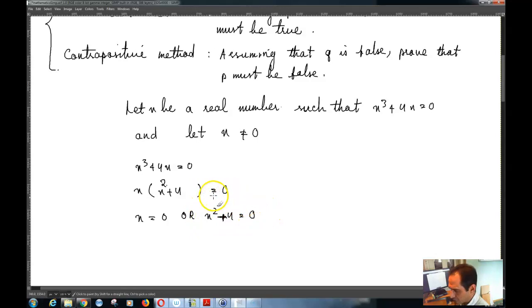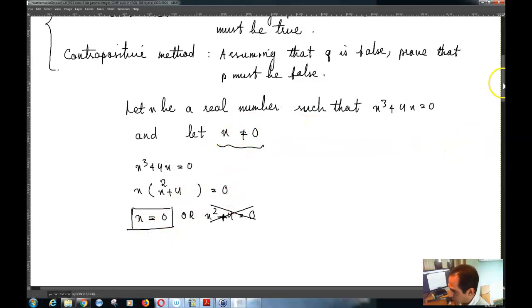Now, since x squared plus 4 gives you unreal roots, that's not what we are looking for. We are looking for a real root, which tells me that x is equal to 0. But here I assumed that x is not equal to 0, which is a contradiction.